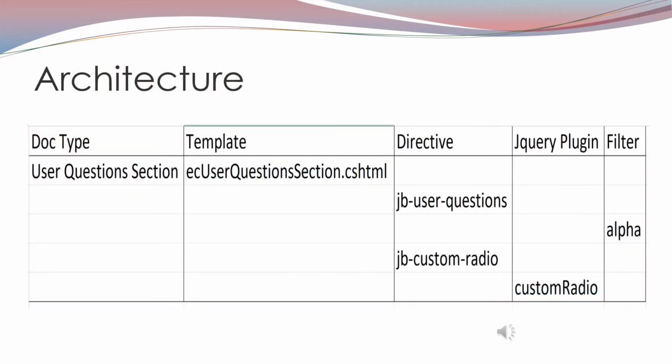As we've seen from the demo, the architecture of this solution involves a doc type named user question section that has a template, userquestionsection.cshtml, that contains the directive JB user questions, and that directive is responsible for displaying the question and each of the answers.